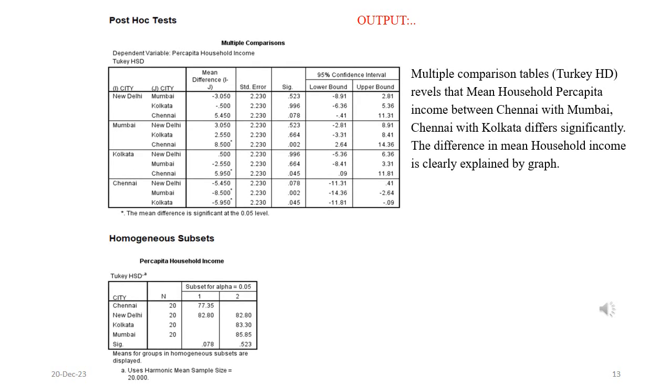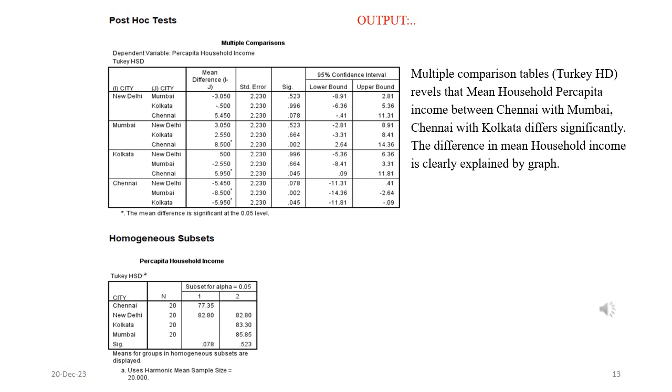Using the Tukey test, that will give you the multiple comparison table, which reveals that mean household per capita income in Chennai with Mumbai, and Chennai with Calcutta, differ significantly. The difference in the mean household income is clearly explained by the graph also. When you look at the table here, the mean difference is also given with the significance.